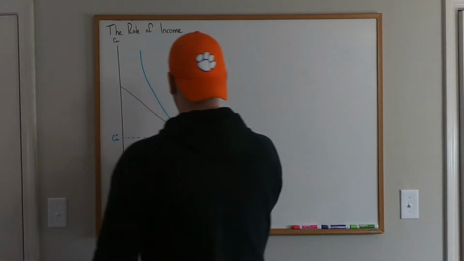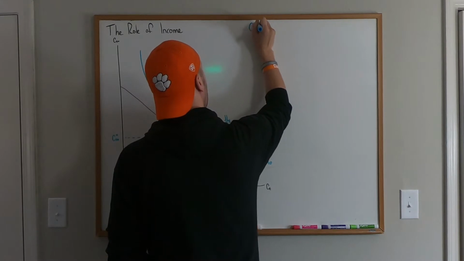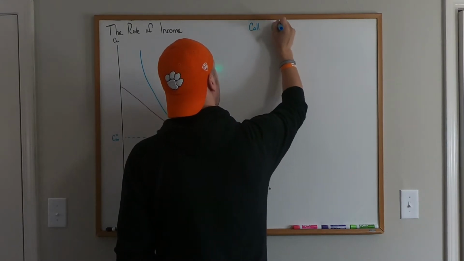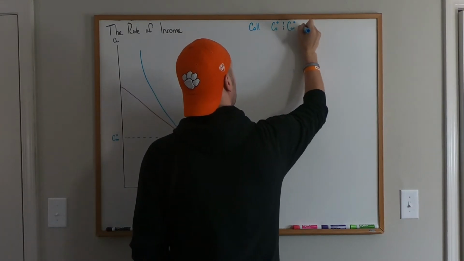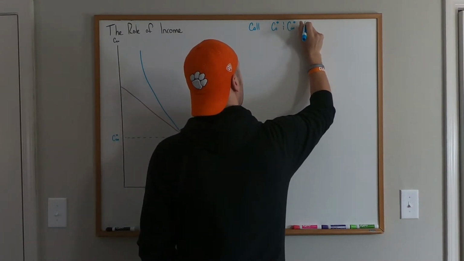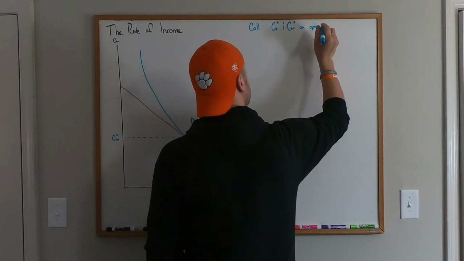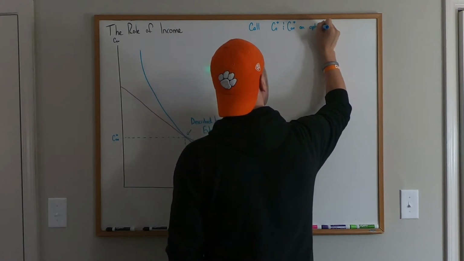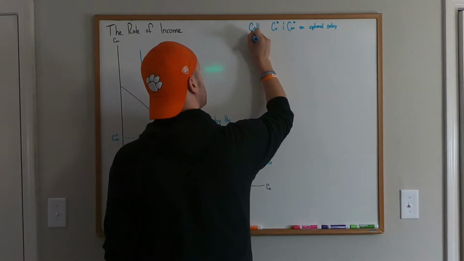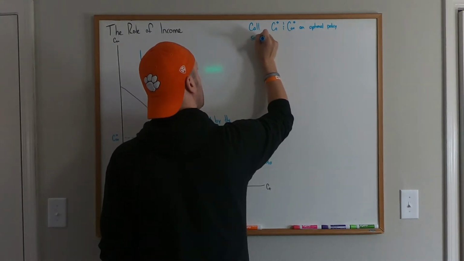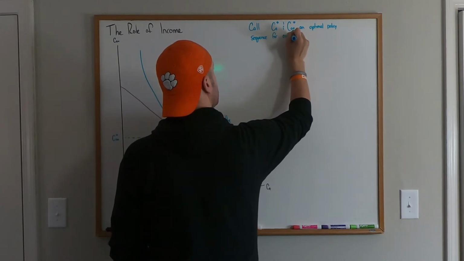All right, so we can call C_t and C_{t+1} star an optimal policy sequence for consumption.